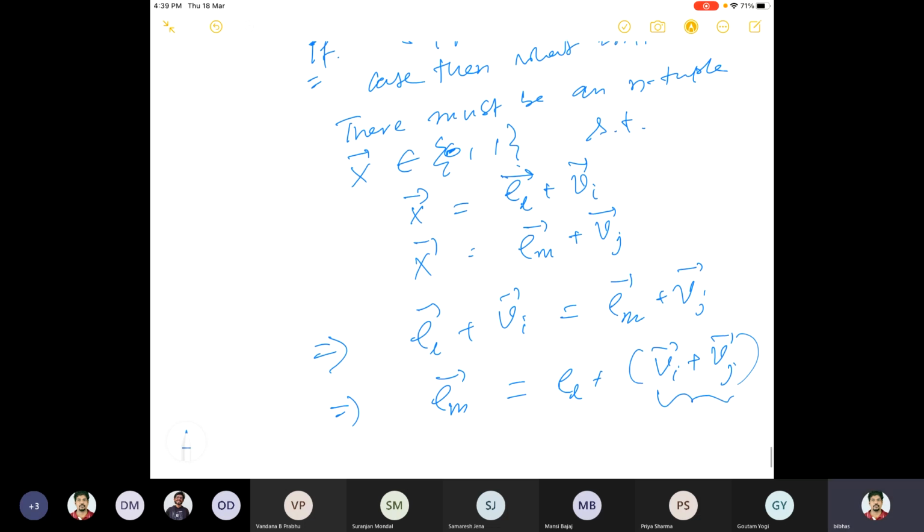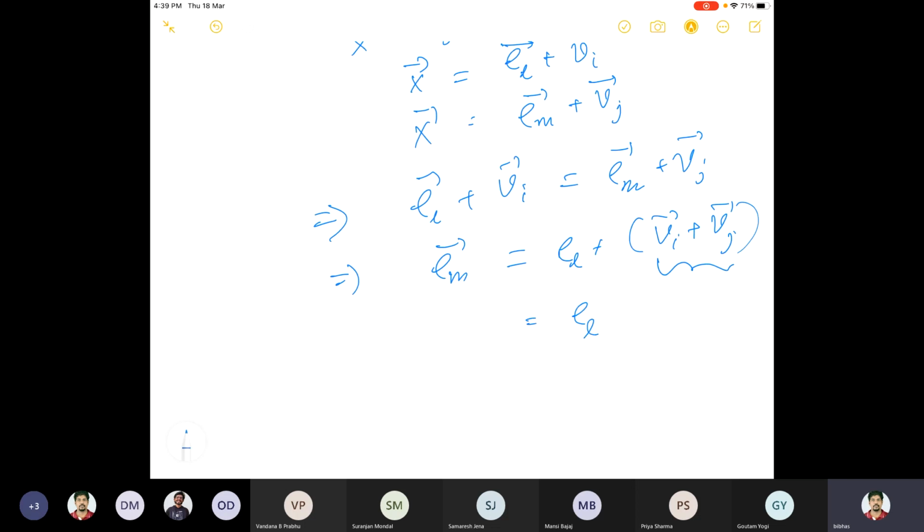Let's say this code word is some S. So EM is EL plus S, which belongs to the previous vectors. This is a contradiction, because due to the construction, EM cannot belong to the previous vectors. We are always choosing this way. So this is a contradiction, and it cannot happen.